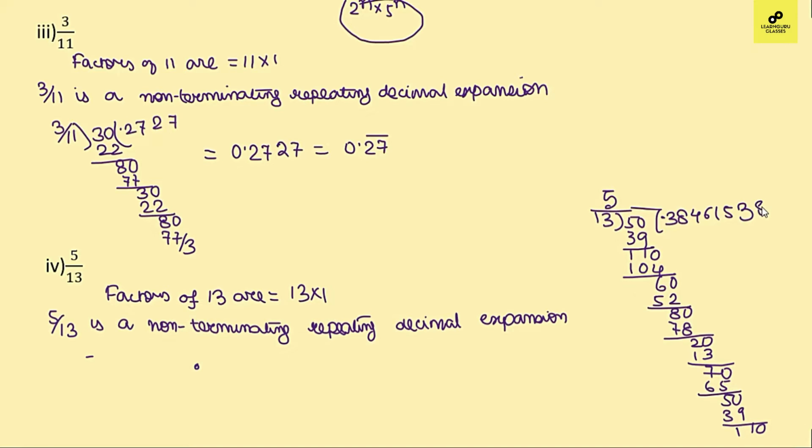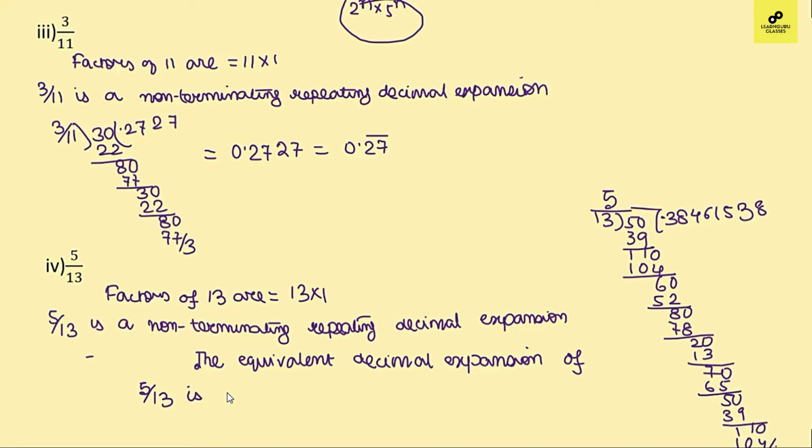So 13 8s are 104. So if you see here, a sequence is being repeated. So the equivalent decimal expansion of 5 by 13 is 0.384615. Under this, you will be giving a bar.